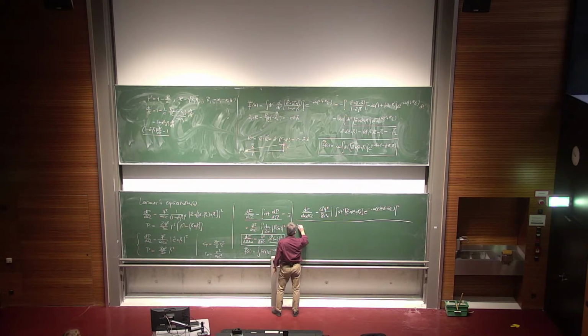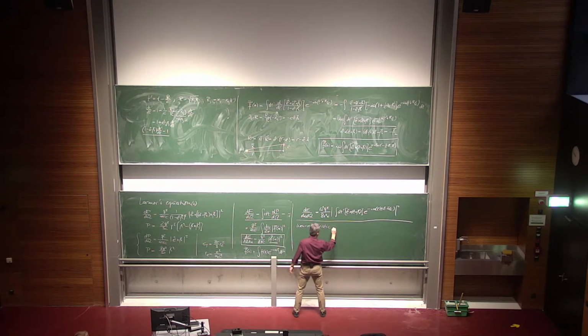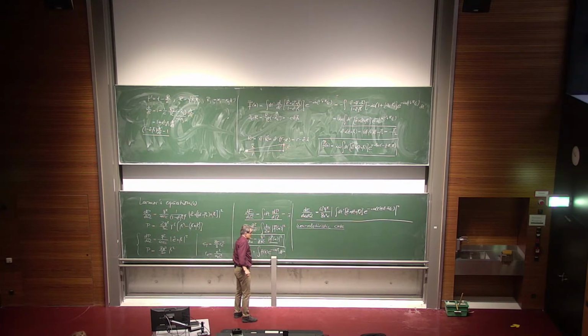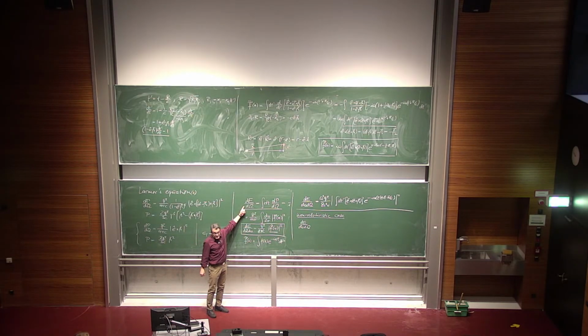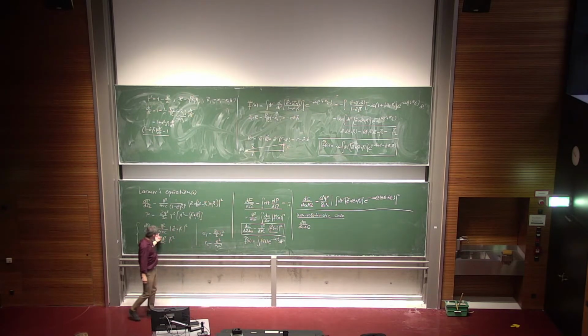So in the non-relativistic case, which is often sufficient, but not always, you write dE, d omega, again beginning here, inserting that, using Planck-Jorel's equation, getting q squared divided by 8 pi square c.